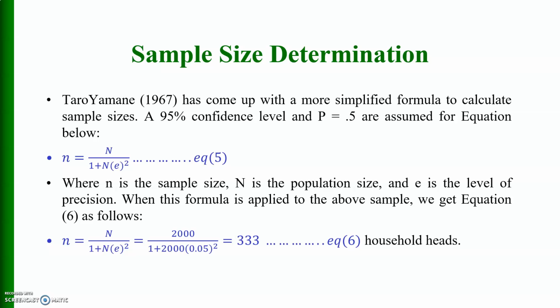Now if we compare these various formulas, there is a little bit of difference in the sample size depending upon the size of the population, the proportion, the precision level, and so on.